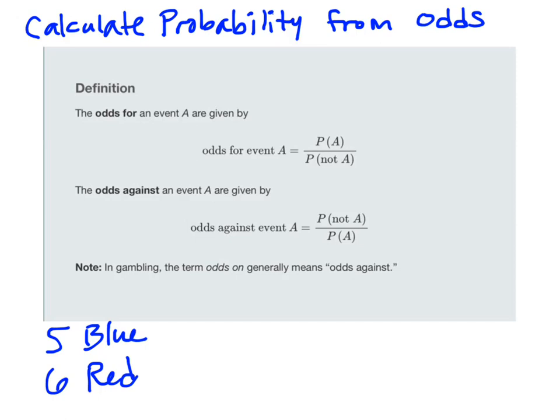All right, so then the odds for getting red would be the probability of getting red, so that would be 6 out of 11, divided by, or compared to, the probability of not getting red, which should be 5 out of 11.